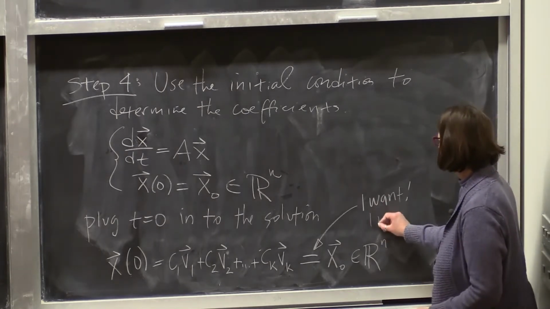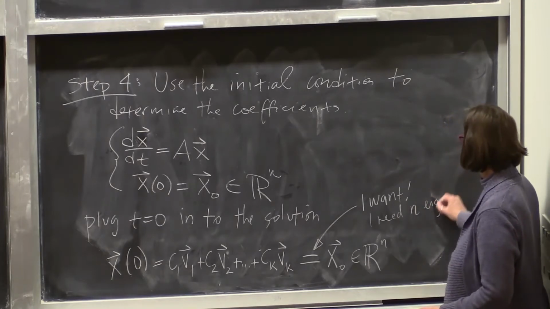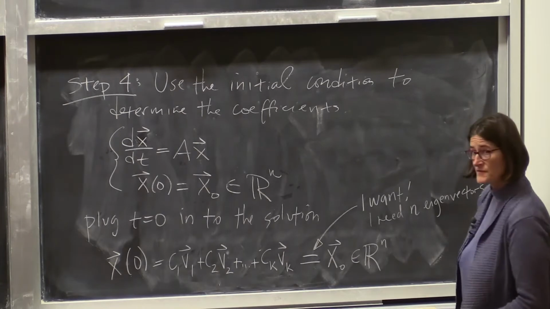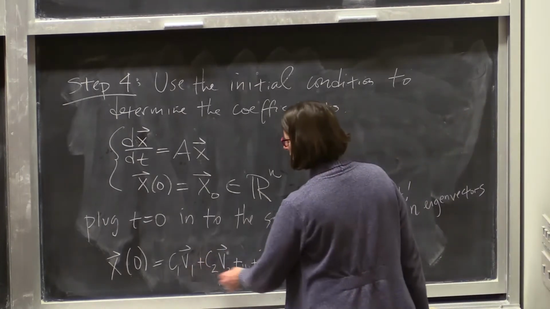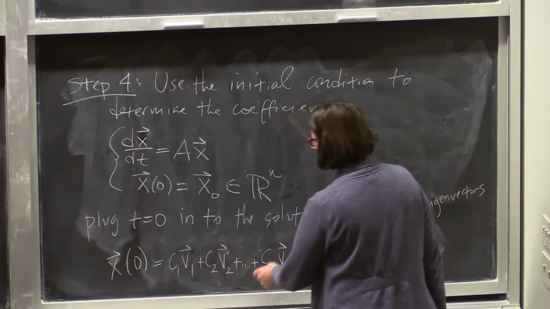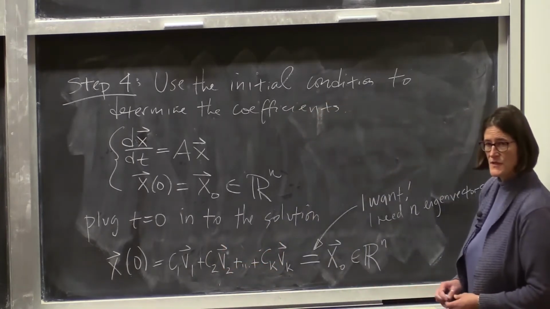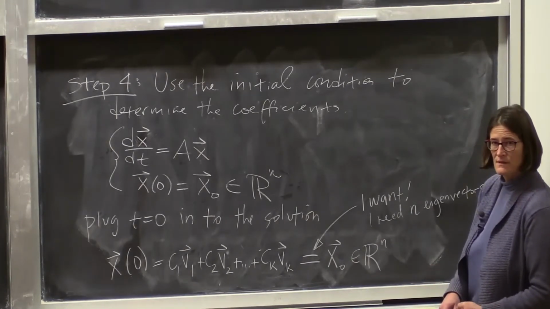So I need n eigenvectors. Now, is it enough just to say I have n eigenvectors? What if I had the eigenvector 1, 1, 1, and again the same eigenvector 1, 1, 1, and again 1, 1, 1? Could I build every vector in R3 using that eigenvector?